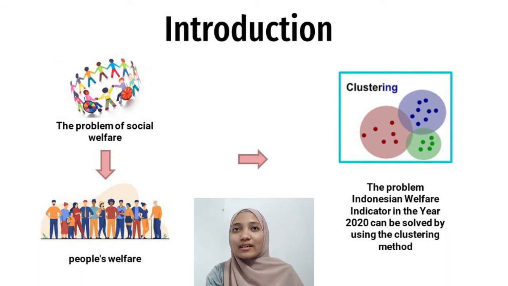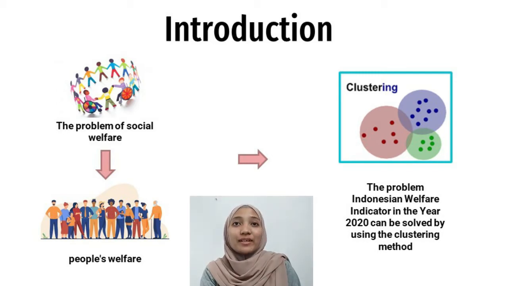First, there is the introduction of this paper. The problem of social welfare is one of the problems commonly faced by developing countries, especially Indonesia. The problem is very important in the development of a country's human resources, and there is no regional grouping based on welfare.